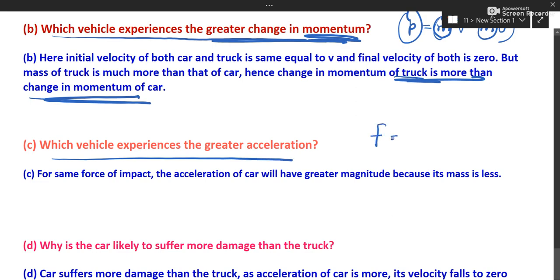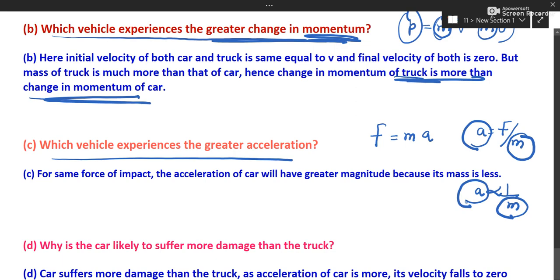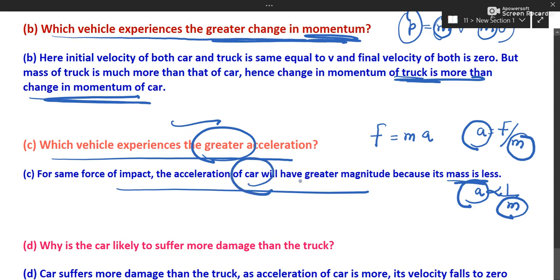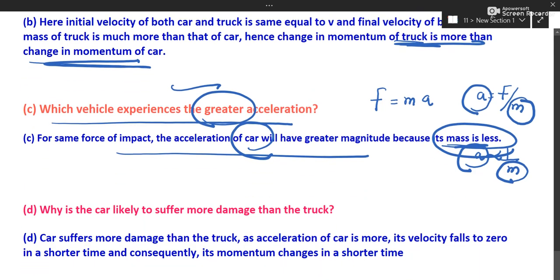Force is equal to m into a. So acceleration is F by m. More mass, less acceleration, because acceleration is inversely proportional to mass. Less mass, more acceleration. So we need more acceleration, it means less mass, so that means car. Here it is written car because mass is less.